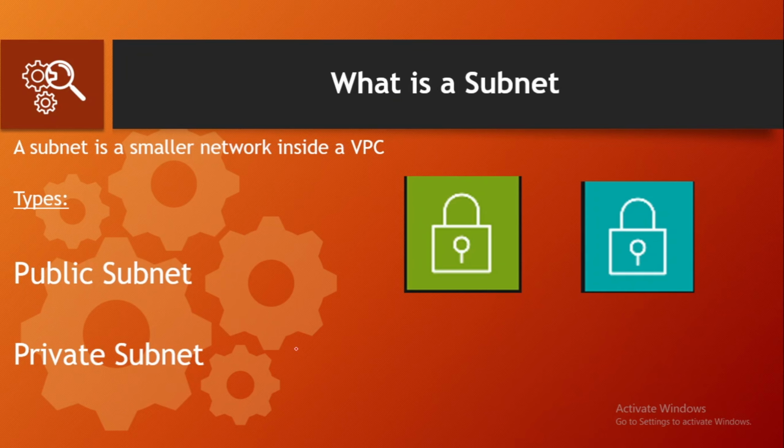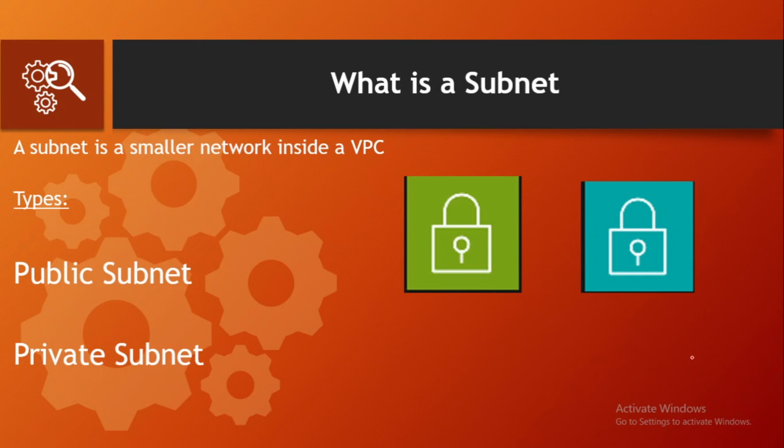Now that we understand what a VPC is, let's move one step deeper and talk about subnets. A subnet is basically a smaller network inside your VPC. In order to create our own networking, we create a VPC, and then inside this VPC we create a subnet, and all the resources are created inside a subnet.